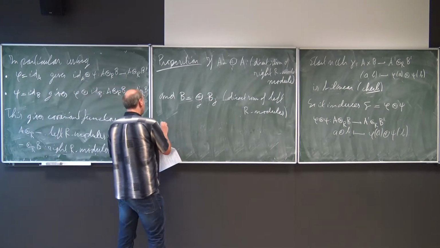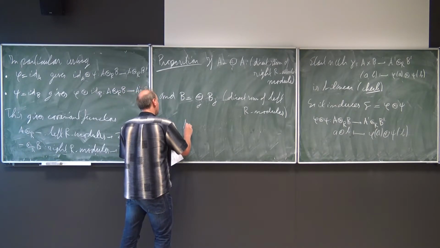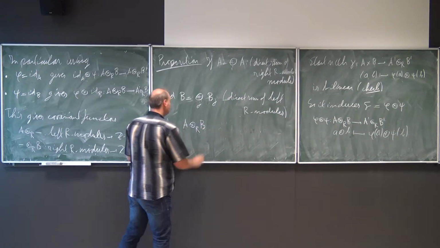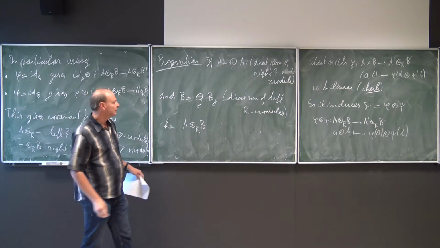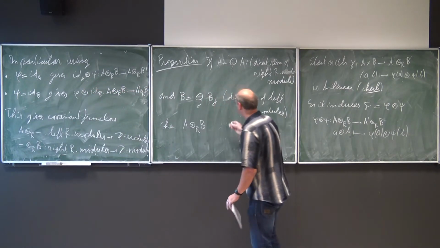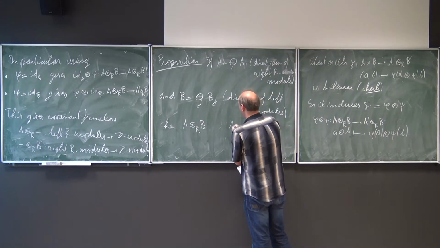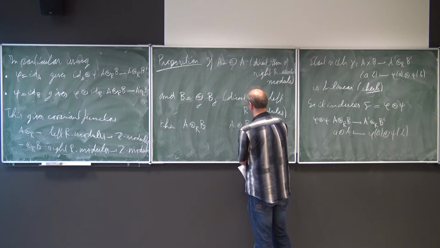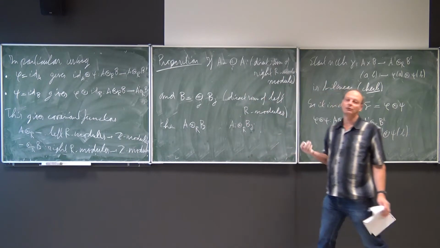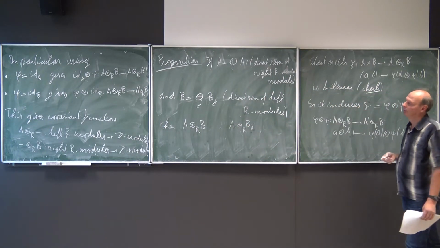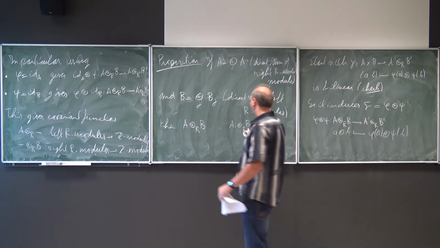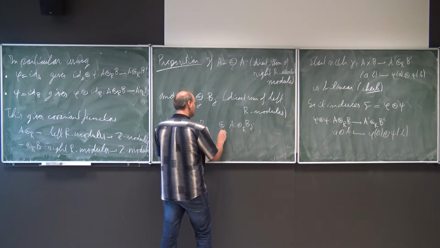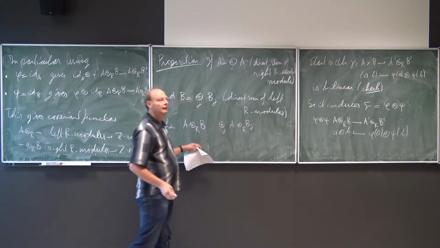And then I claim that there is an isomorphism. So we have this tensor product. On the other hand, I'm going to build the right hand side. Ai tensor Bj over R also makes sense because Ai is a right R module and Bj is a left R module. And then I can take a big direct sum of those by letting i and j run over the indexing set.